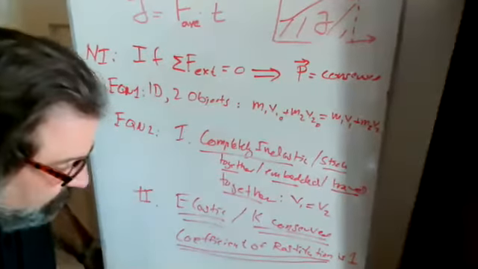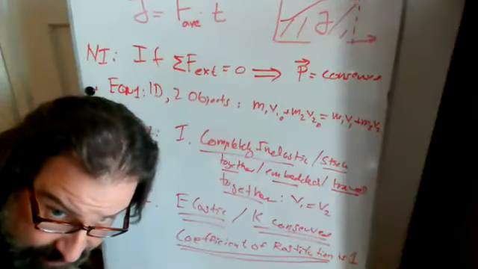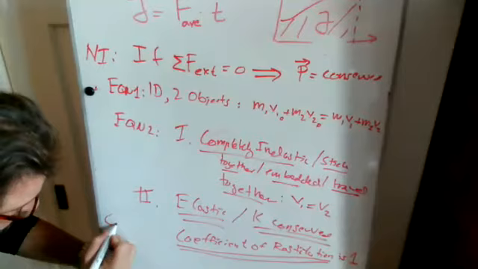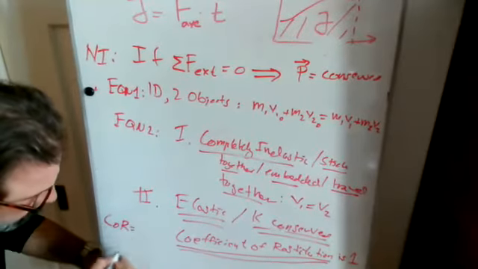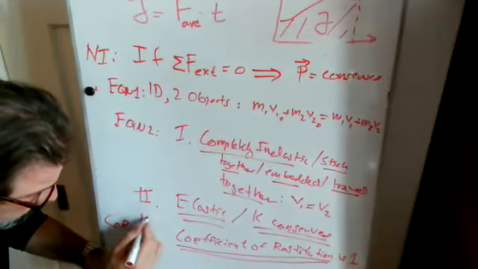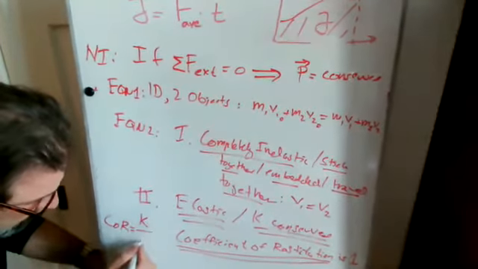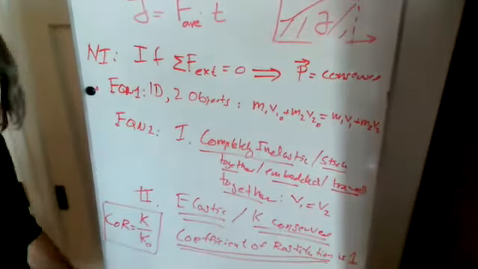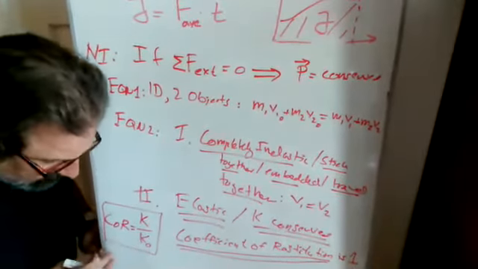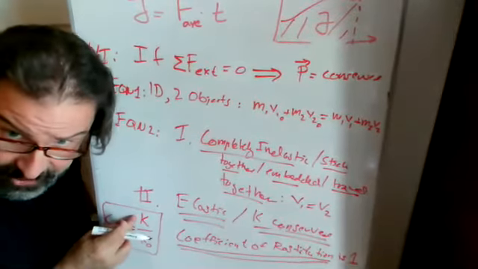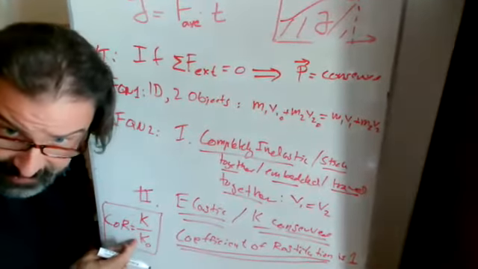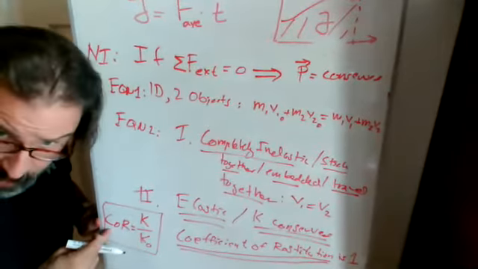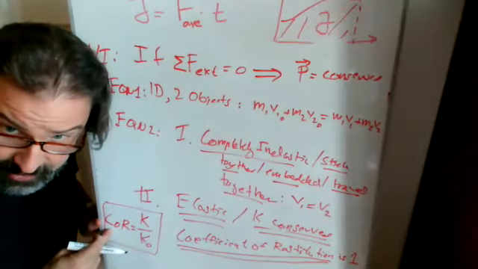So restitution is 1. What is the coefficient of restitution? The coefficient of restitution is equal to the final kinetic energy in total divided by the initial kinetic energy in total, by definition. So as you can see, if the final kinetic energy is equal to the initial kinetic energy, well, then the coefficient of restitution by definition is 1.